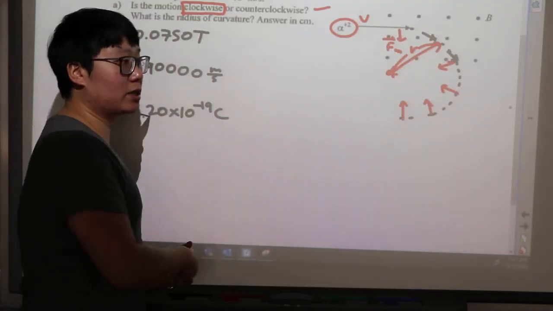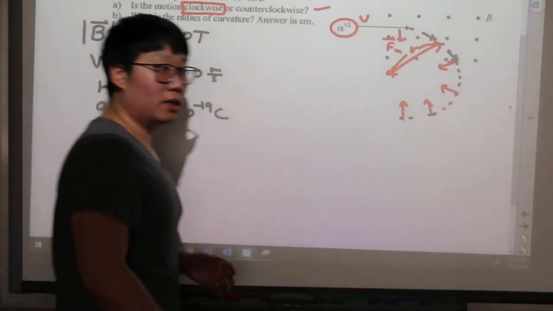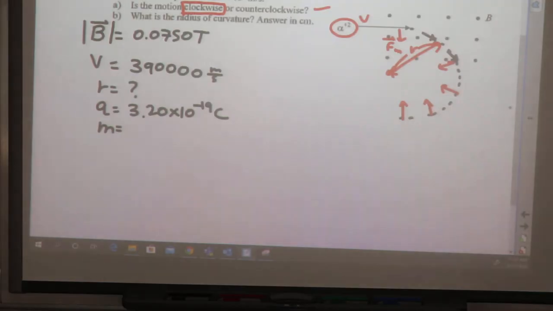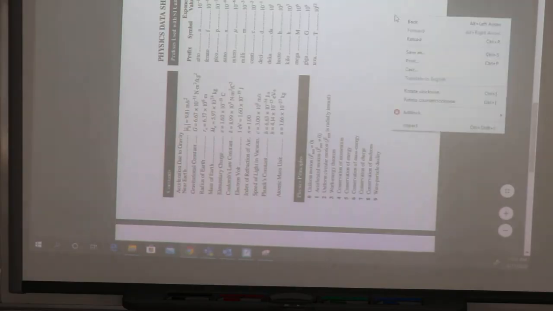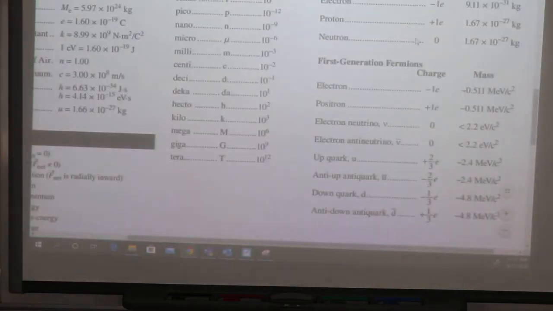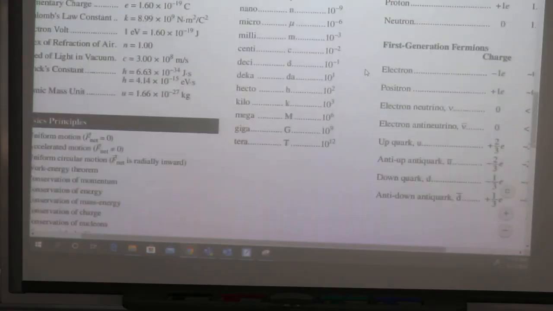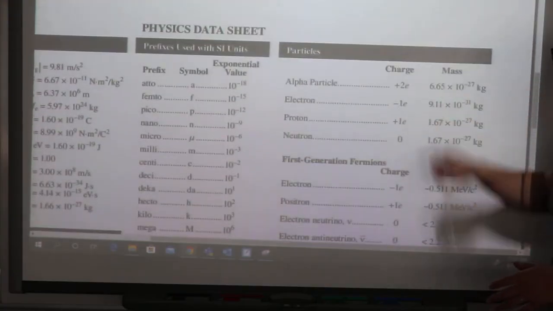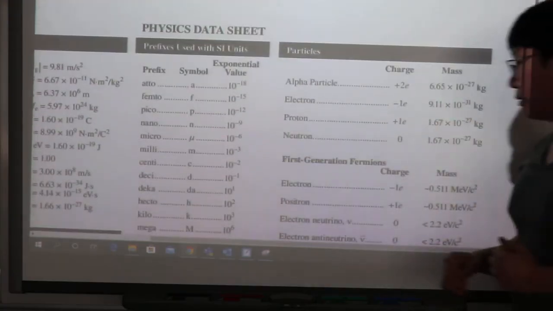I don't have it right now, so I'm just going to put it up on the screen. As you may know, the alpha particle's mass is given in your data booklet as 6.65 times 10 to the power of negative 27.